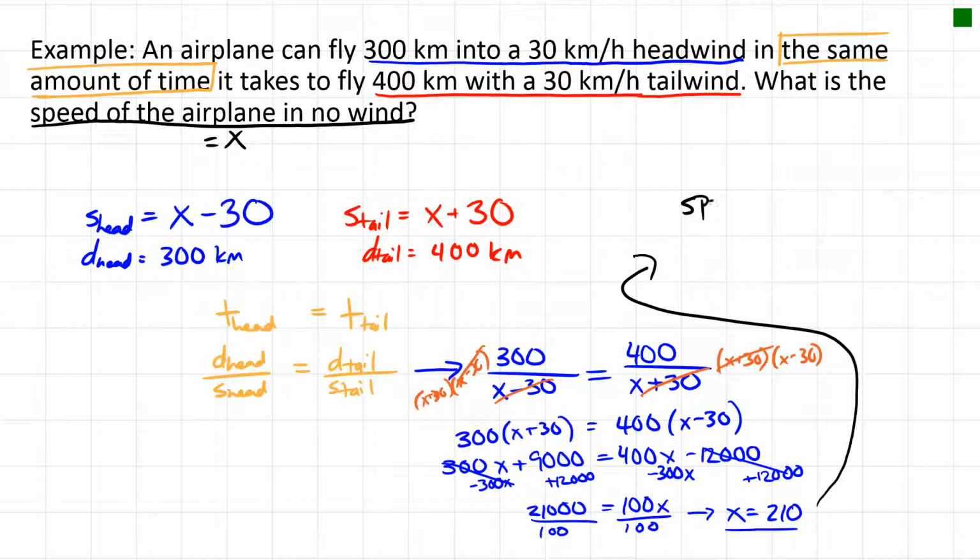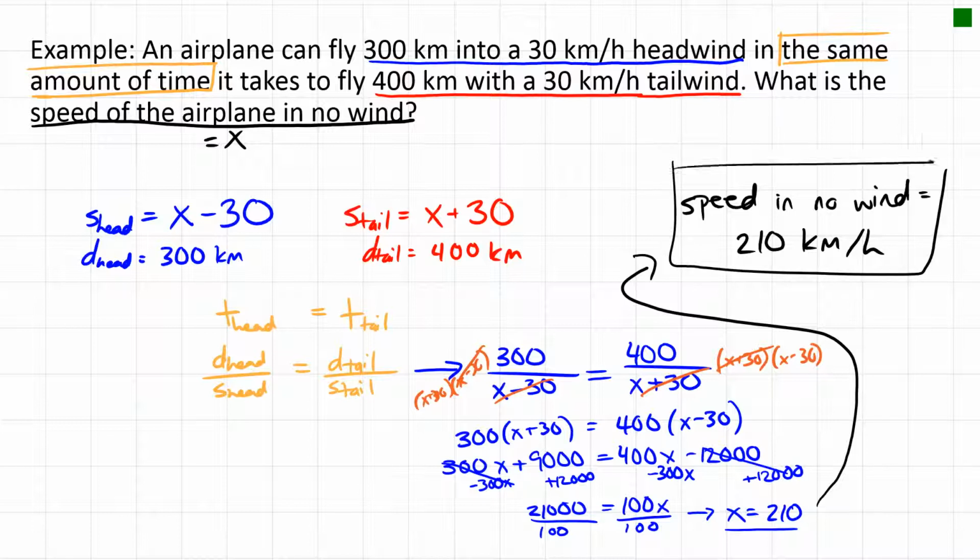The speed in no wind, x, is 210 kilometers per hour. And it must be kilometers per hour because it's got to have the units of the other values that we were using in this problem. So if we were using kilometers per hour for other speeds and kilometers for distances and hours for times, then my units must be kilometers per hour.